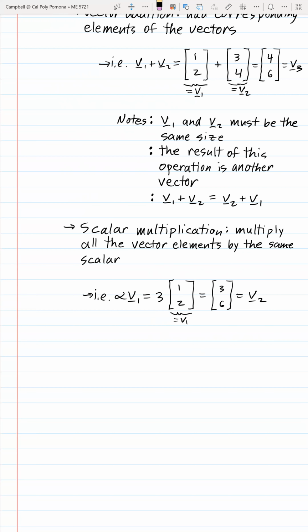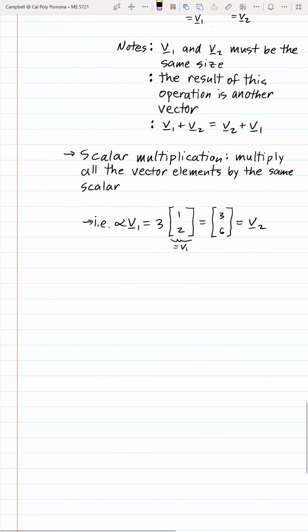And so clearly you can see with what I've done here, each of the entries of v2 can be mapped to an entry in v1 where that mapping is just multiplying by this value alpha, which is 3.